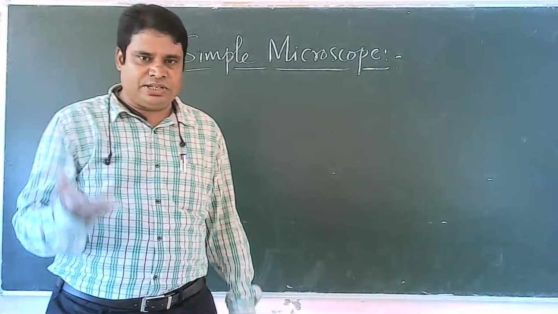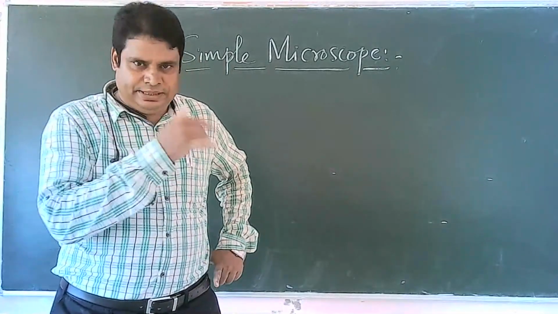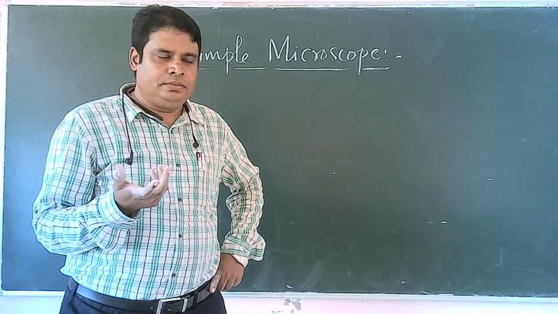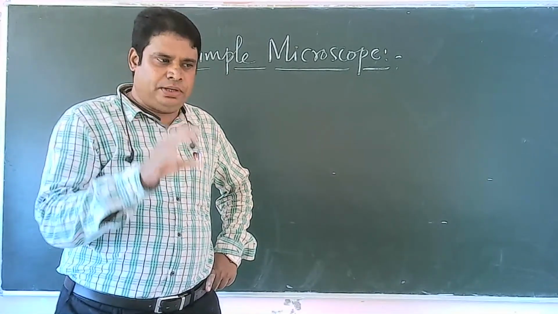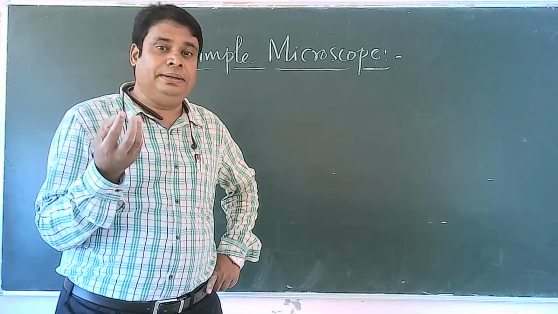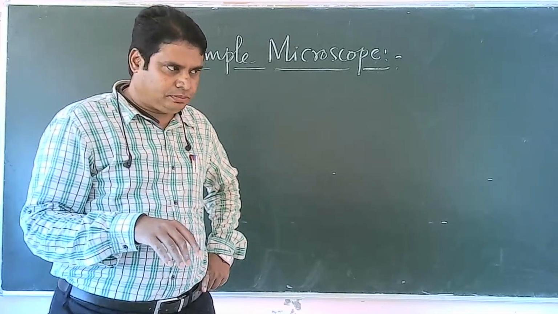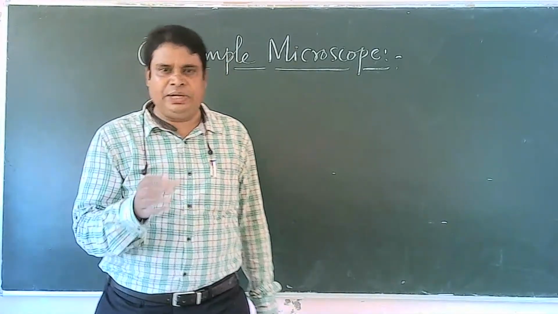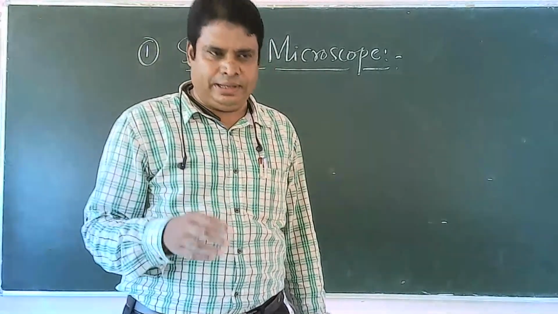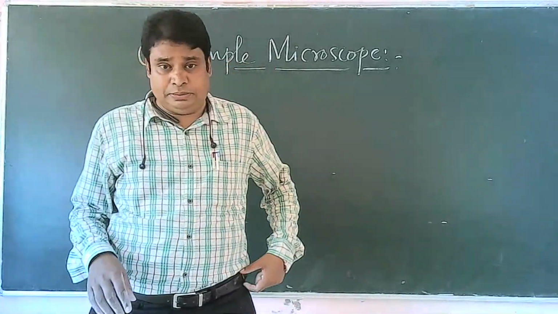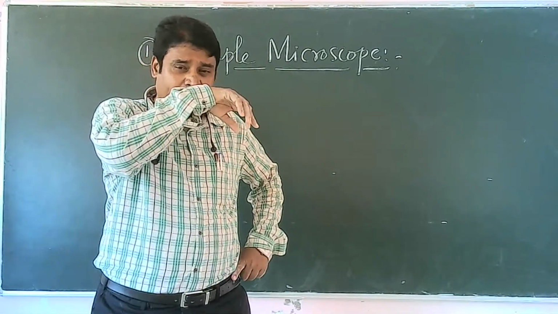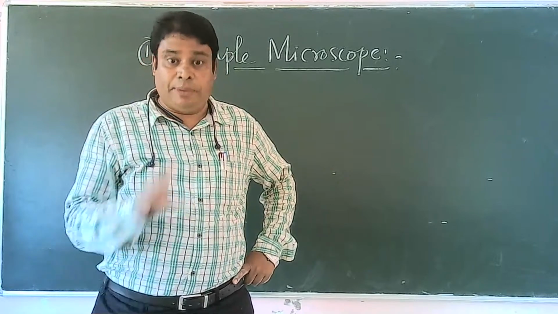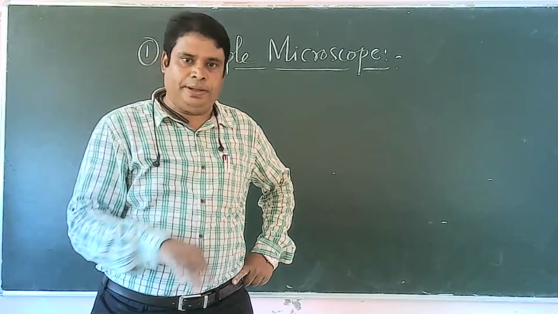Actually, before this, in this chapter we had to study the human eye and some of the shortcomings of the eye. They are not diseases actually, they are what we call problems related to the eye, like hypermetropia, presbyopia, right?